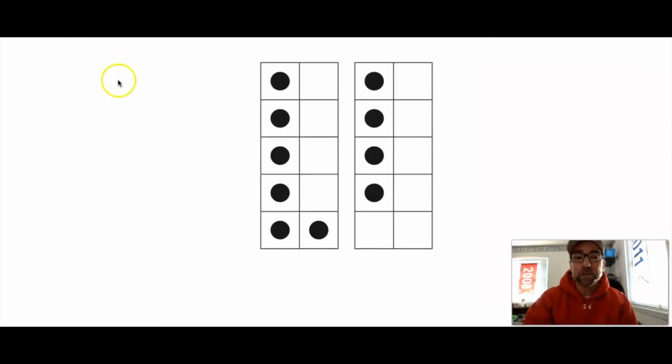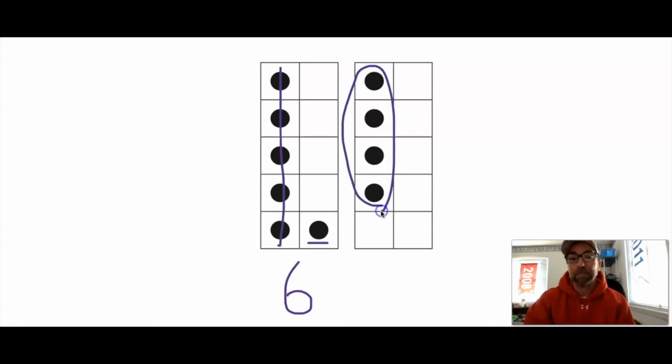In my first 10 frame, I know I have 6, and I didn't have to count them. I saw 5 and 1 more, and I know that's 6. And then in my other 10 frame, there's 4. Because look at this.